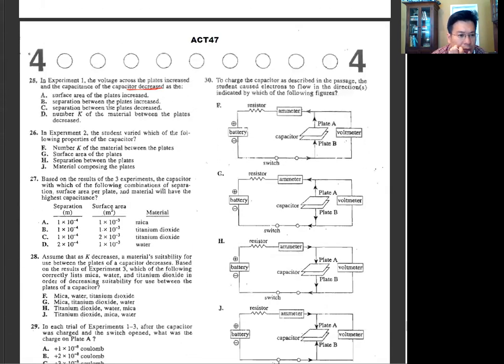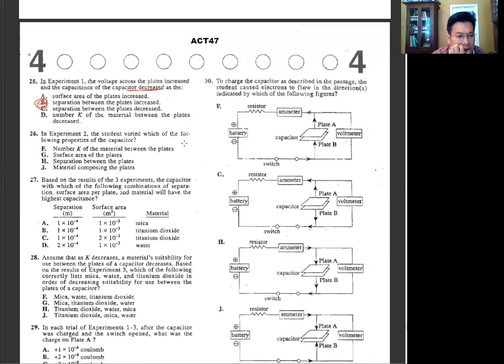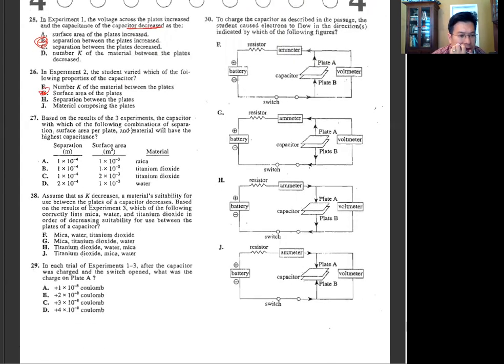Okay, so D. And then experiment 2, studying the following property of the capacitor. Voltage decrease, capacitance increase, surface area increase, C increase as well. Surface area, so G.